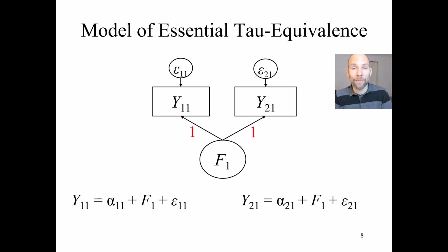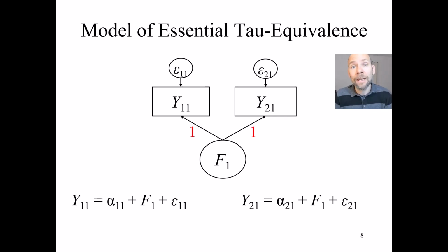So that's helpful because it takes away unknowns, and it's also helpful because it defines the scale of F1. F1 at the beginning is not uniquely defined in terms of its metric, so it's not clear what the units of measurement of the latent variable physical health would be. How is that measured?